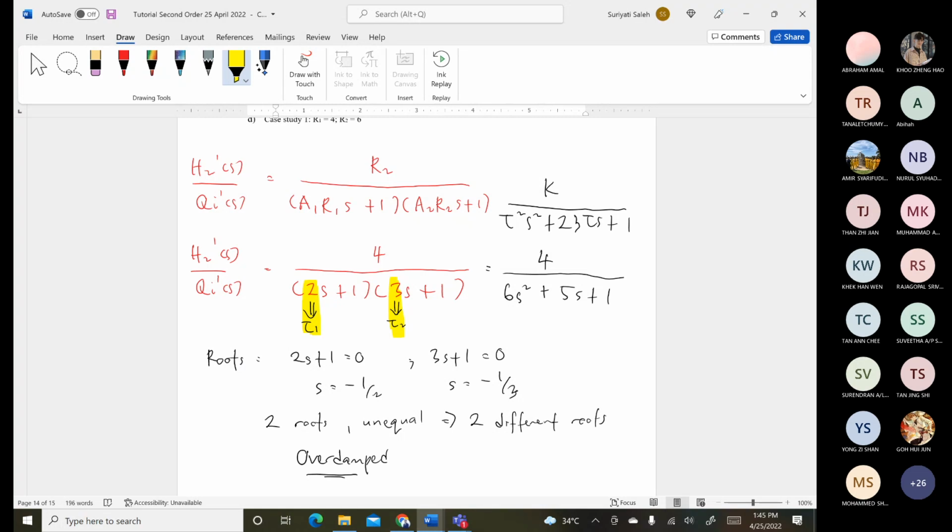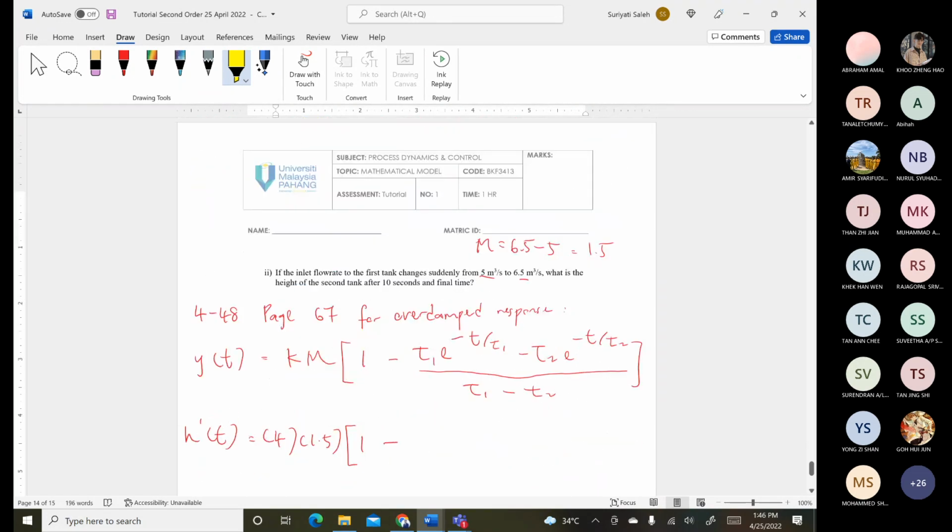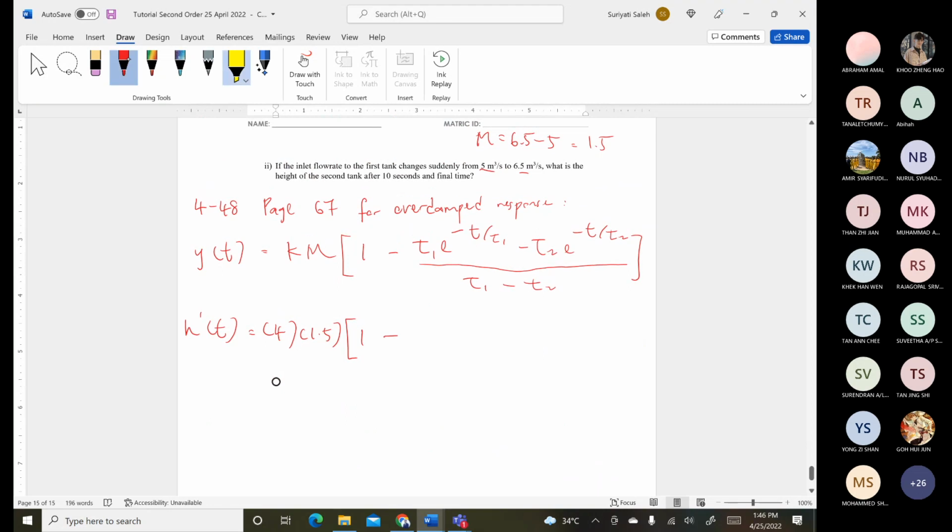That is based on your selection of the tau. So here tau 1 equal to 2, tau 2 equal to 3: 2 exponent negative t over 2 minus 3 exponent negative t over 3.